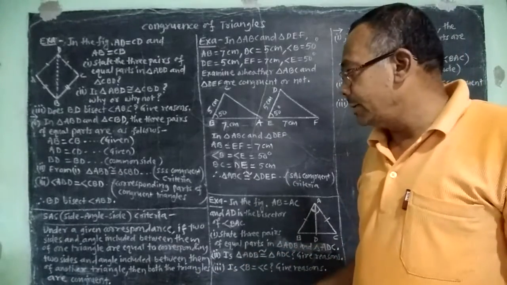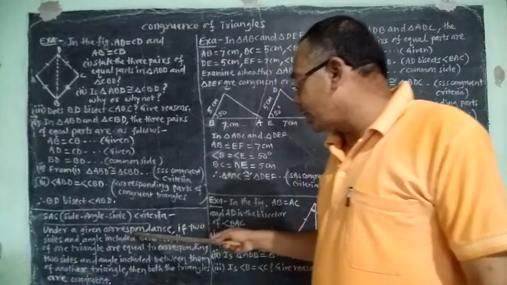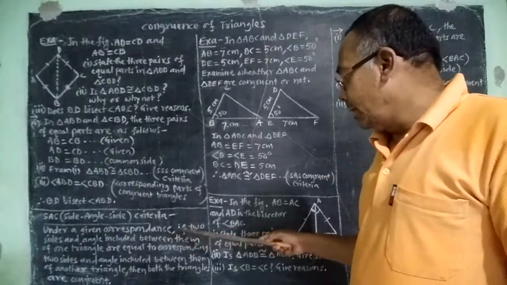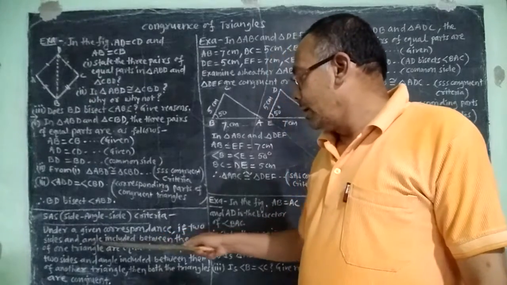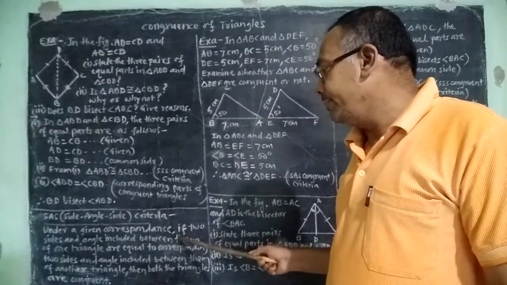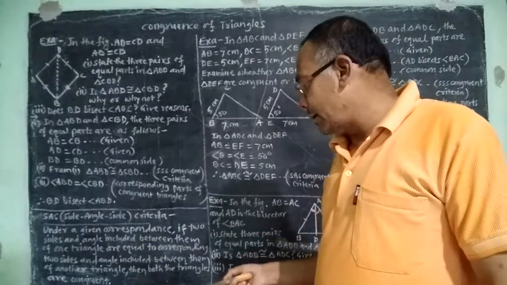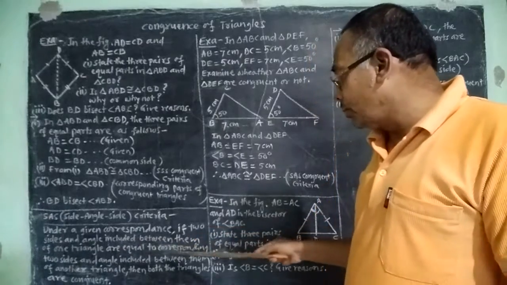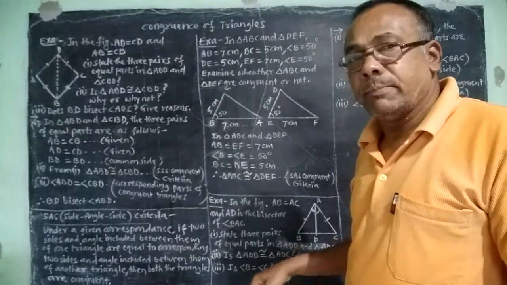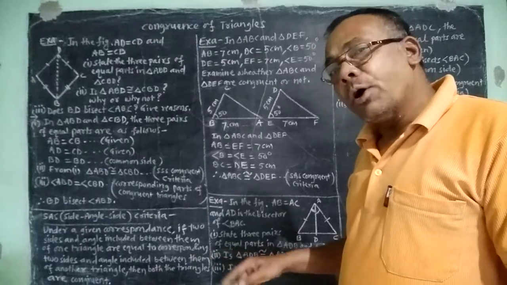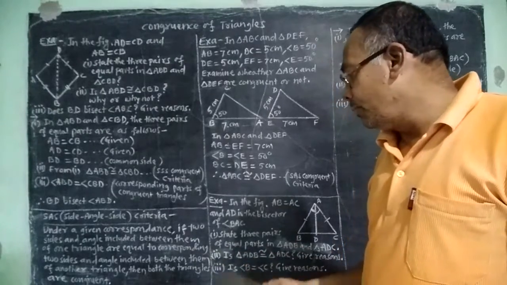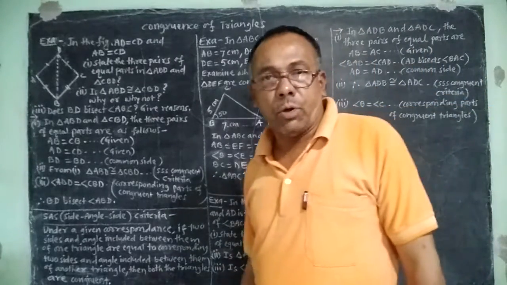I will read it again. Under a given correspondence, if two sides and the angle included between them of one triangle are equal to the corresponding two sides and the angle included between them of another triangle, then both the triangles are congruent.